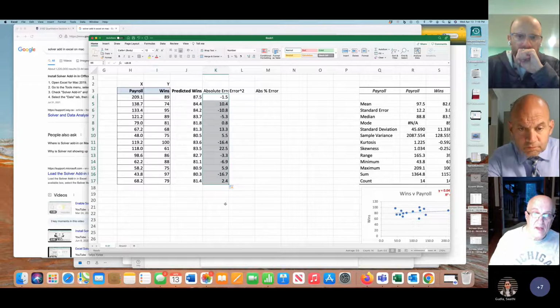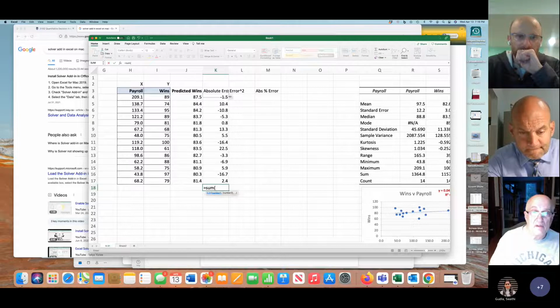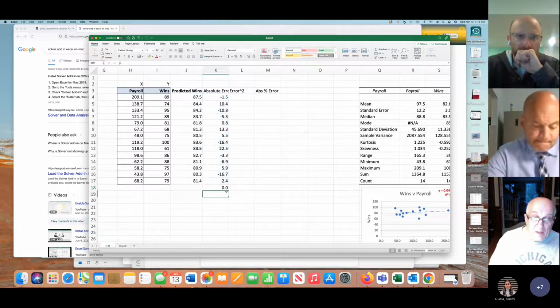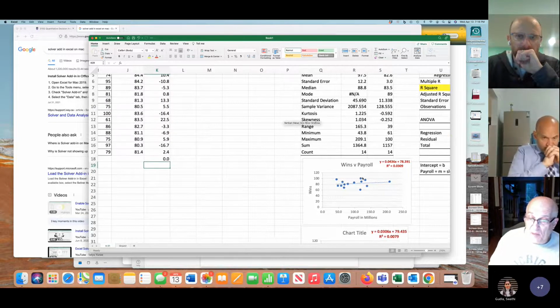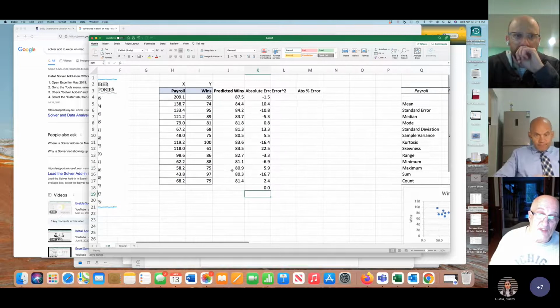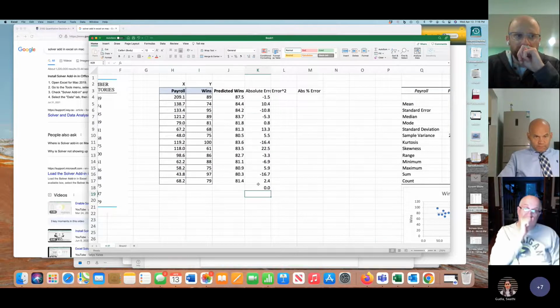And let's say I sum all those up. The sum comes out to 0. The regression line is designed to have half the points above the line, half the points below the line, trying to fit the best line in between this data. If I take just the error by itself and take the average, it's going to come out 0 because half the points are above, half are below. I can't do it that way. I want to look at the absolute value of that.